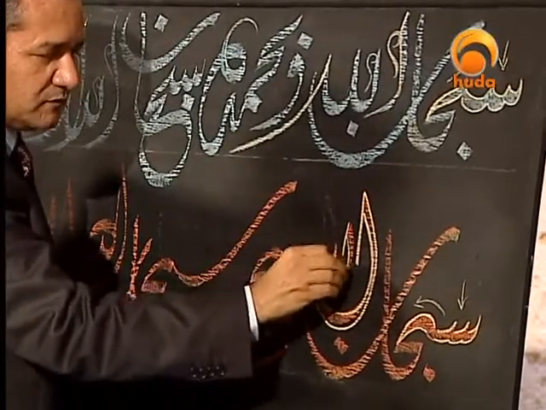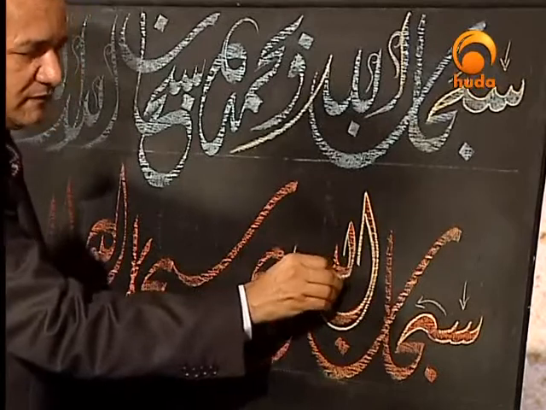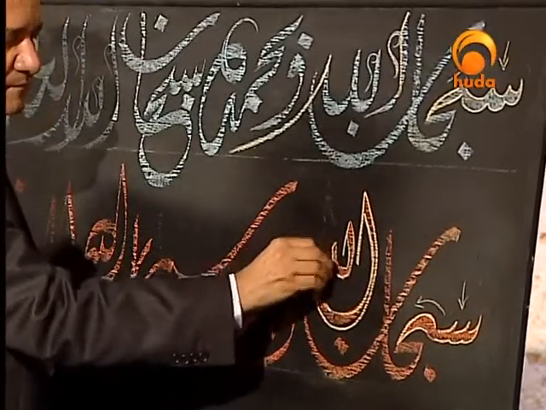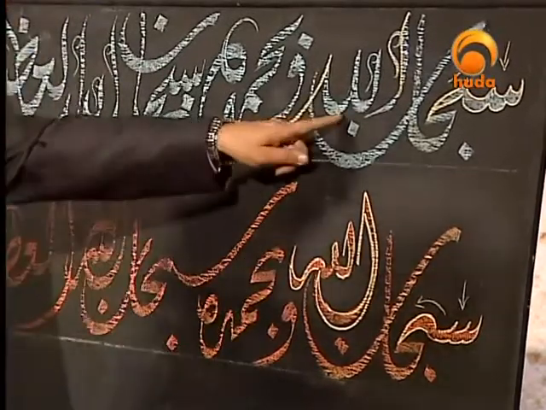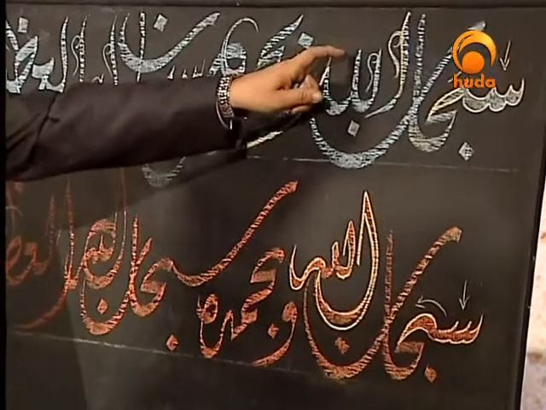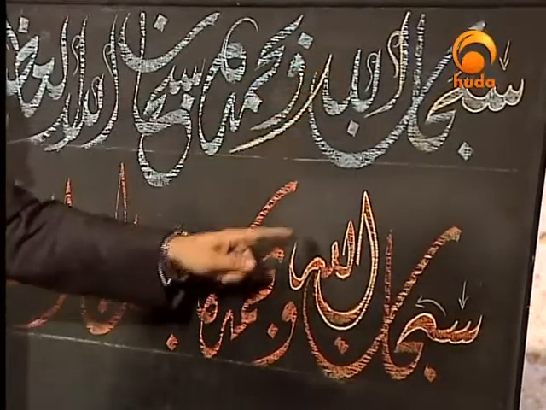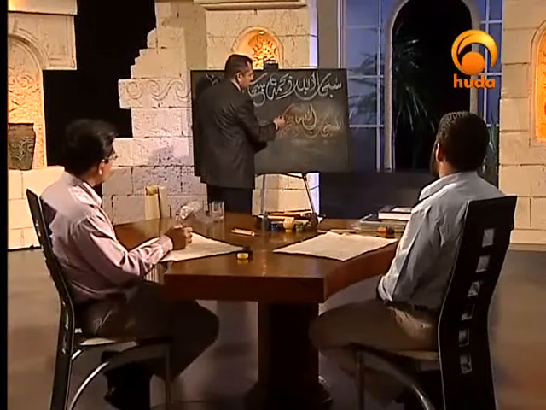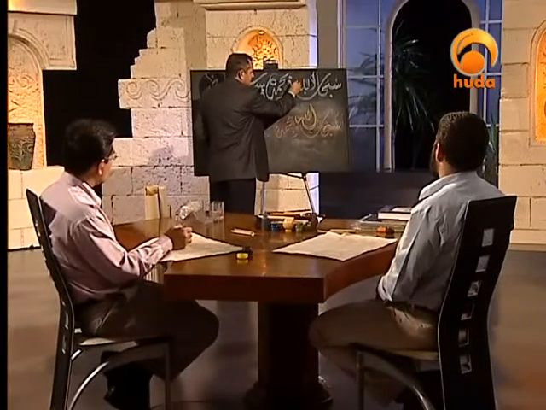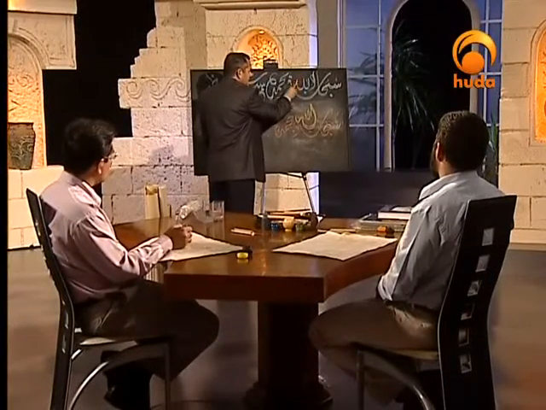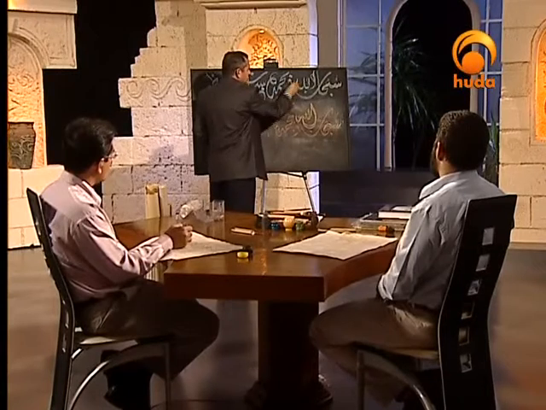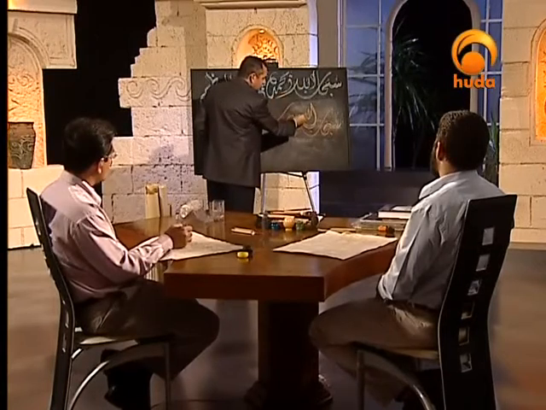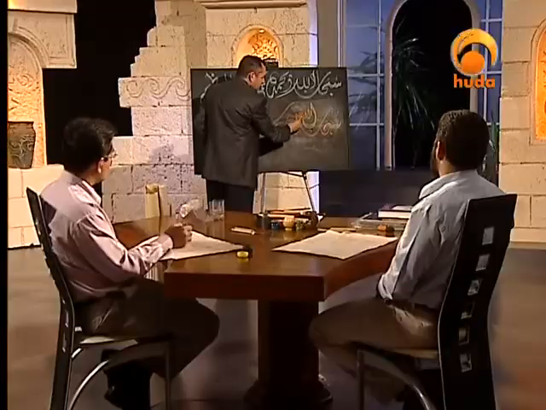And also lam of the name of God subhanahu wa ta'ala and the other lam. Here is long and without any kind of curves, except this ha comes with a very long curve from here to there. But here it takes a smooth curve from here and another curve going up.